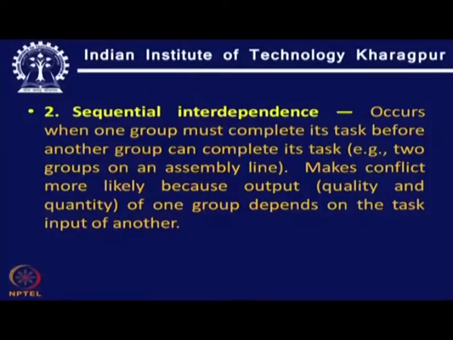If we understand that, finish things on time and deliver to the next people who are waiting, maybe there is no conflict. But when we do not understand that, and we delay unnecessarily, or the finished good is not of good quality, then these conflicts become very inevitable. This is the conflict due to sequential interdependence.